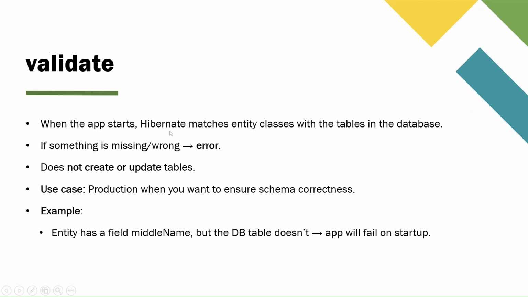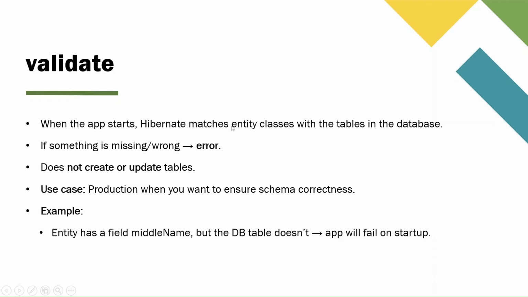Okay, so let's go to the definition. When the app starts, Hibernate matches entity classes with the tables in the database. So whenever we start our application, Hibernate matches our entity with the tables available in our database.